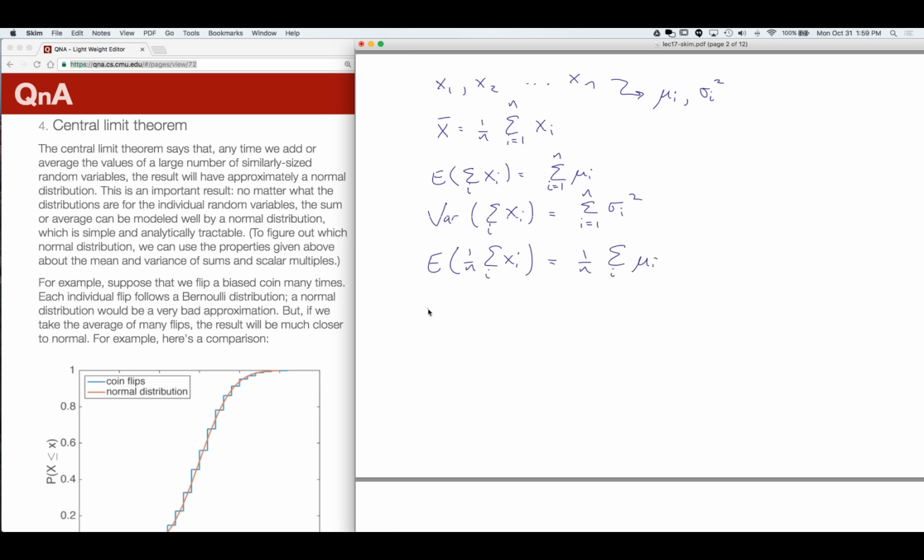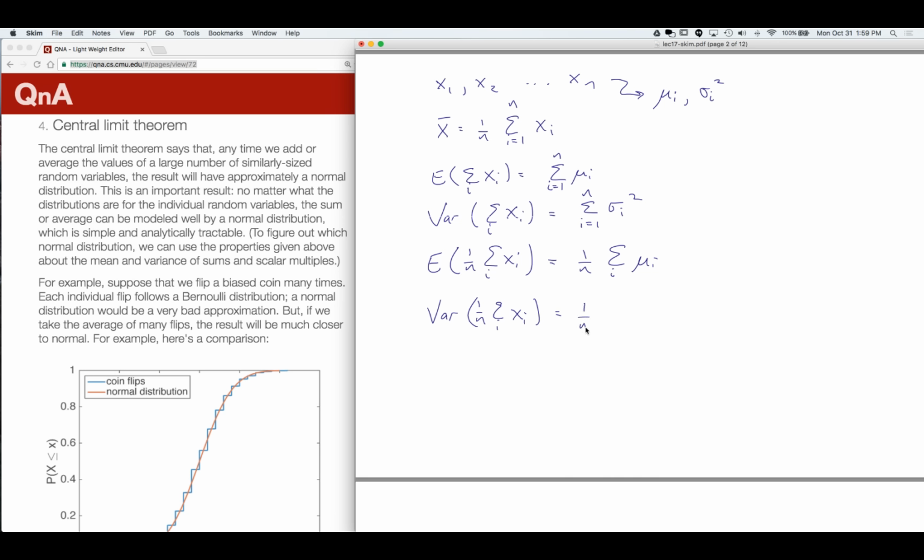And then the variance of the sum over i of xi times 1 over n is equal to, well, when you scale a random variable, its standard deviation scales, which means its variance scales by the square of the scaling factor.